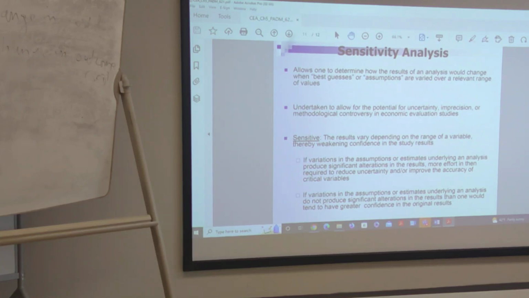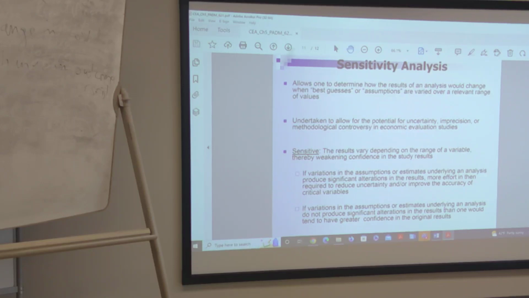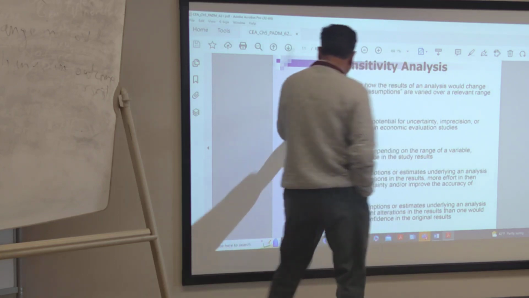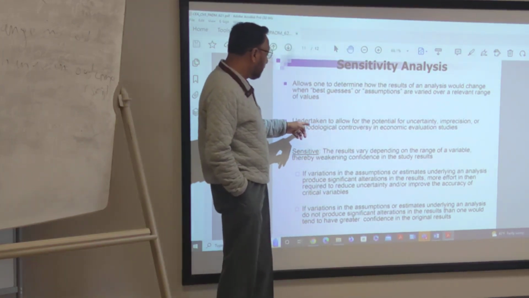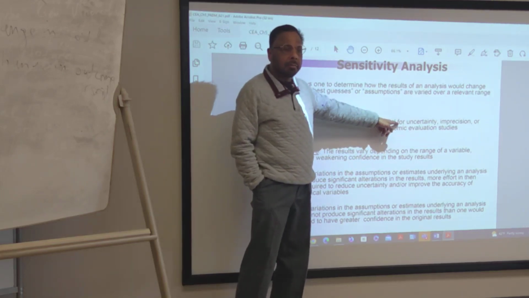Undertaken to allow for the potential for uncertainty in precision or methodological controversy in economic evaluation studies. That's what's going on. When you second guess your best guess, if you change your assumptions, it may be because you think there's uncertainty, right?